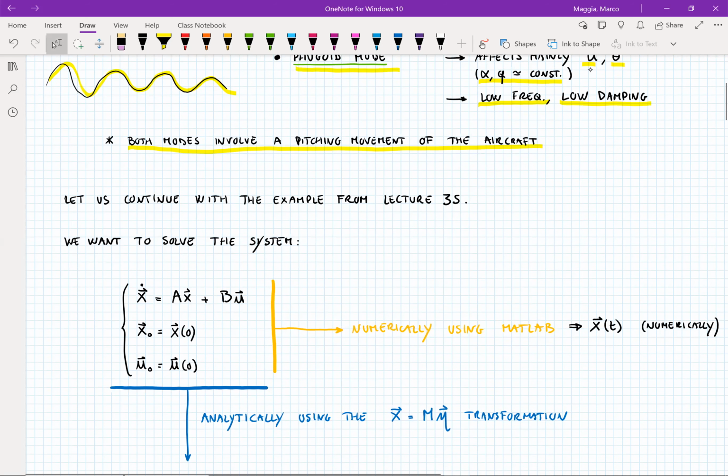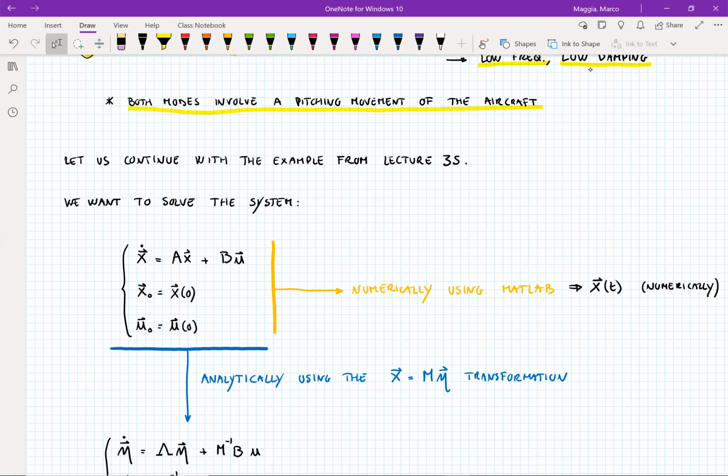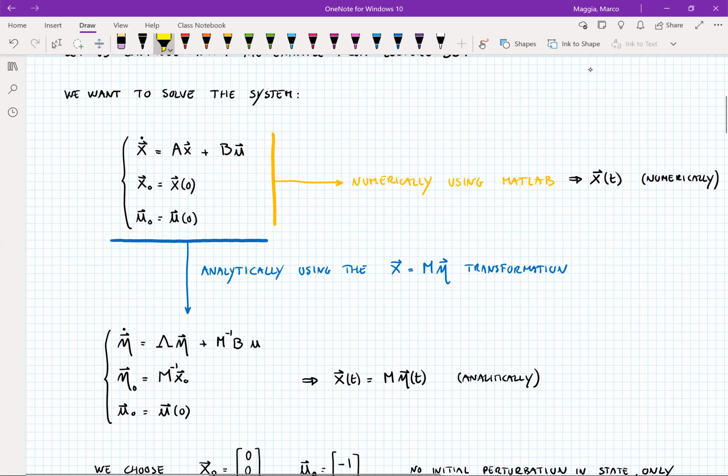Okay, so continuing with the example that we saw, now we want to solve the linear system. We have two ways. We have the direct way: we could just numerically integrate the equation using MATLAB, for example, and find the solution x of t.